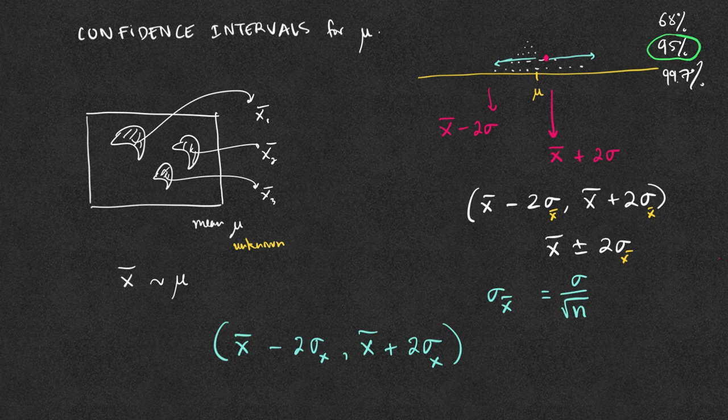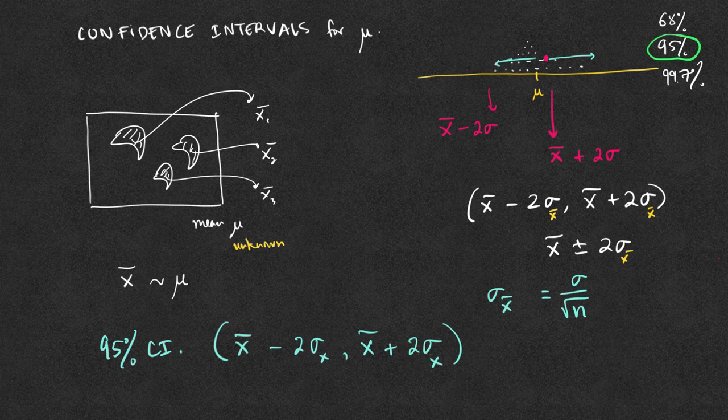This is what is known as the 95% confidence interval. Of course, if we want a 99.7% confidence interval, we would need to multiply the standard error by 3, because a 99.7% confidence interval is approximately 3 standard deviations away from the mean.